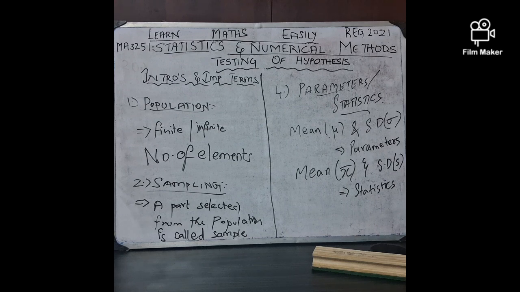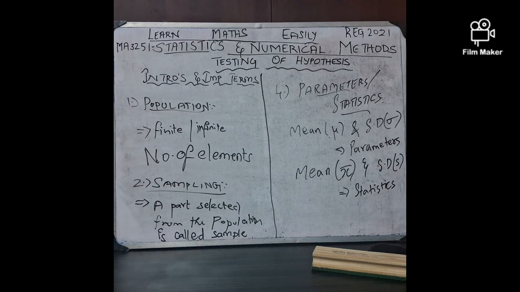Mean mu and standard deviation sigma are called parameters, and mean x bar and standard deviation s are called statistics. So this is your fourth important definition discussed in your textbook.